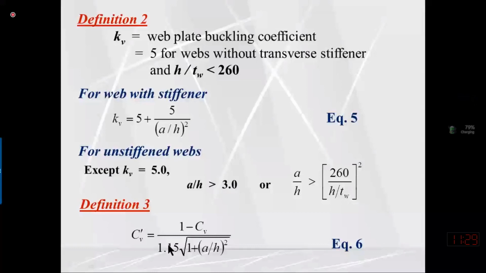So this formula for CV prime is only applicable if a over h ratio is less than 3. First, if we are providing stiffeners and spacing of stiffener is less than 3 times the height of plate girder, and also a over h ratio is more than 260 over height of the web over thickness of the web ratio, squared.